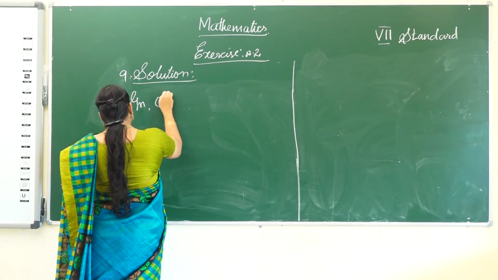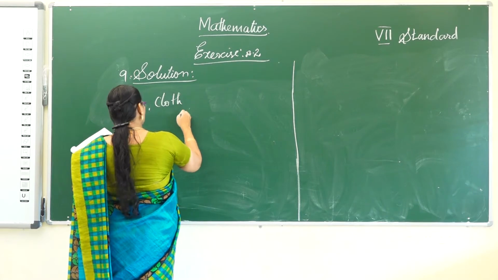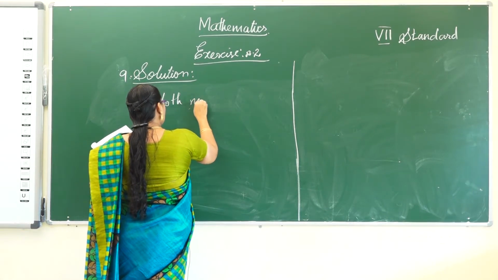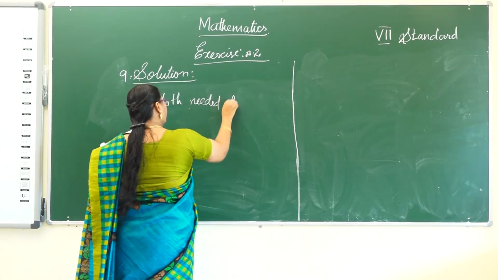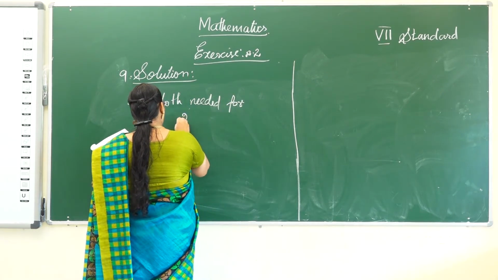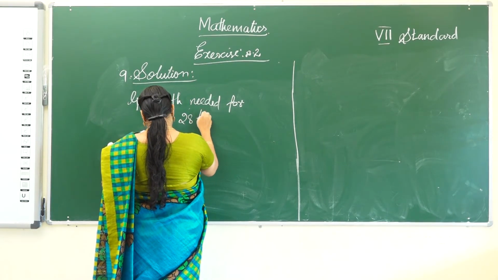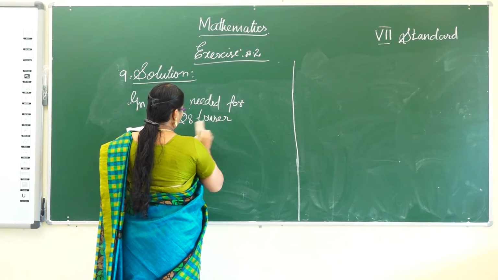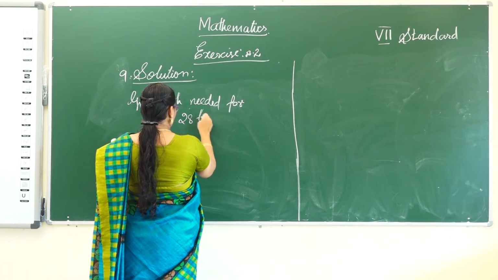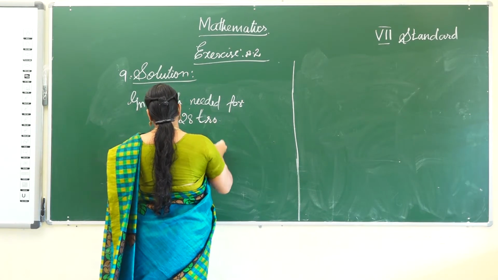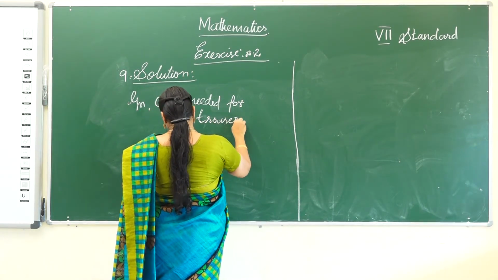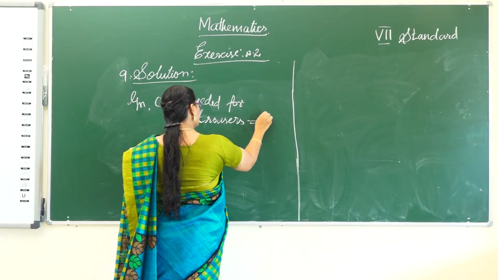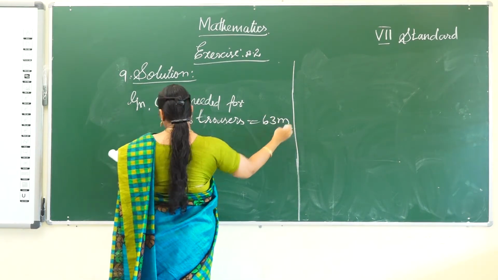Given, the cloth needed for 28 trousers is equal to 63 meter.